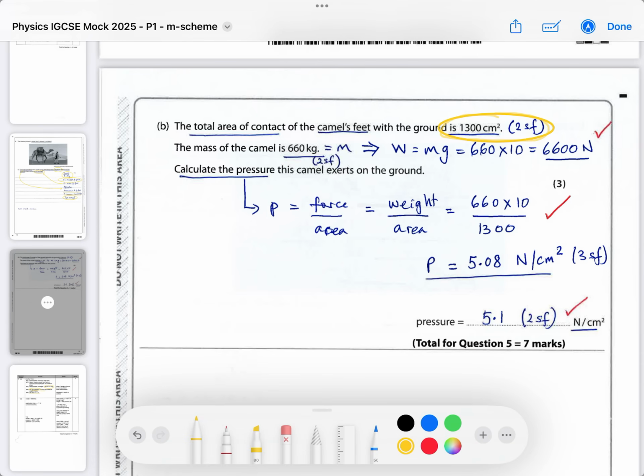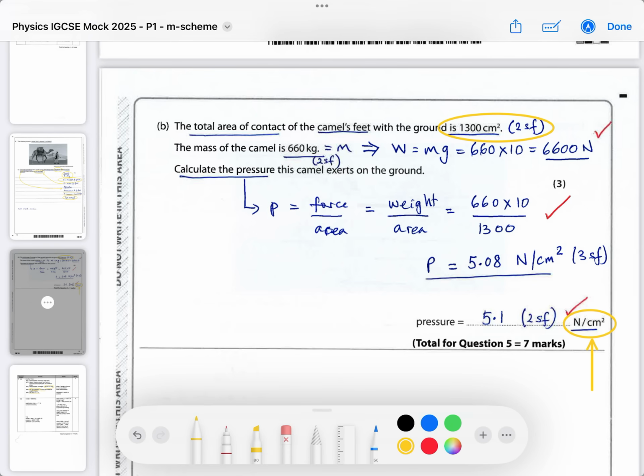The total area of contact of the camel's feet is 1,300 centimeters squared. They want the answer in newtons per centimeter squared. You should sometimes look here to see what units they are using. The normal units would be newtons per meter squared, but they're using centimeters squared, and that's quite valid.